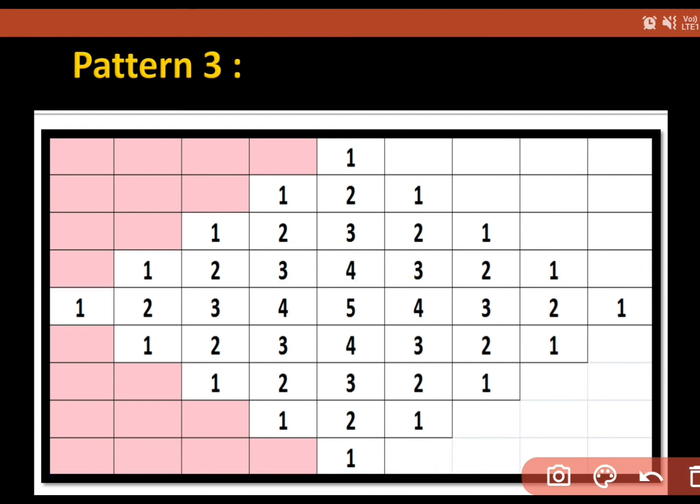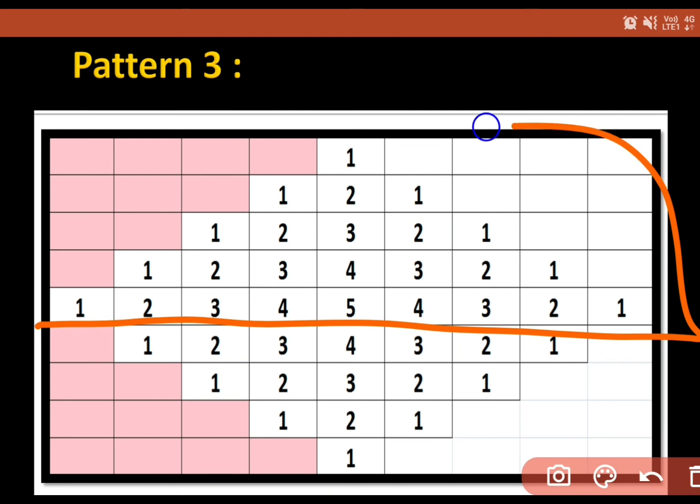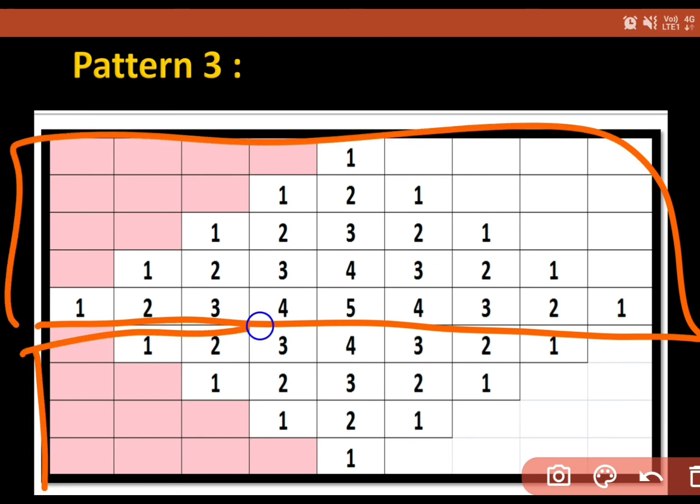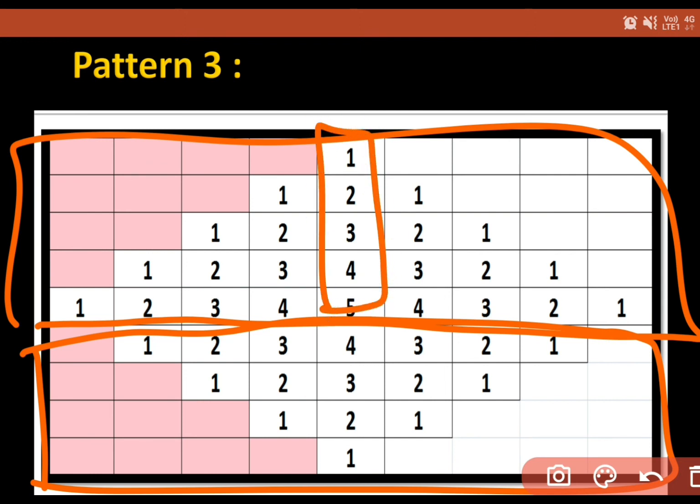Now I'm trying to have the pattern in this way, means one loop of I varies from 1 to 5, next loop of I varies from 4 to 1, not 5 to 1, it varies from 4 to 1.